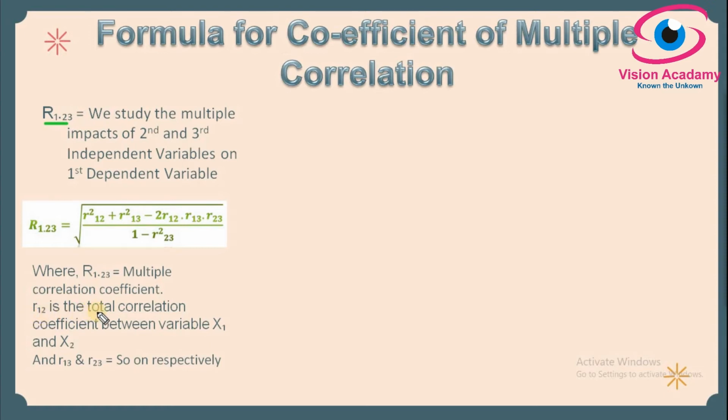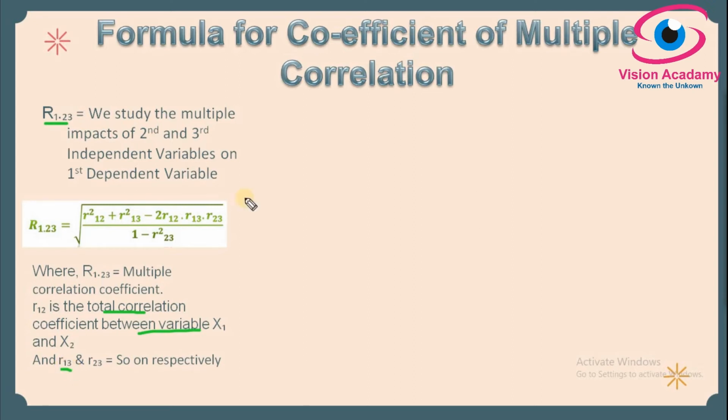R12 is the total correlation coefficient between variables x1 and x2, where 1 is x1 and 2 is x2. In the same way, R23 means the total correlation between x2 and x3, and R13 means the total correlation between x1 and x3.